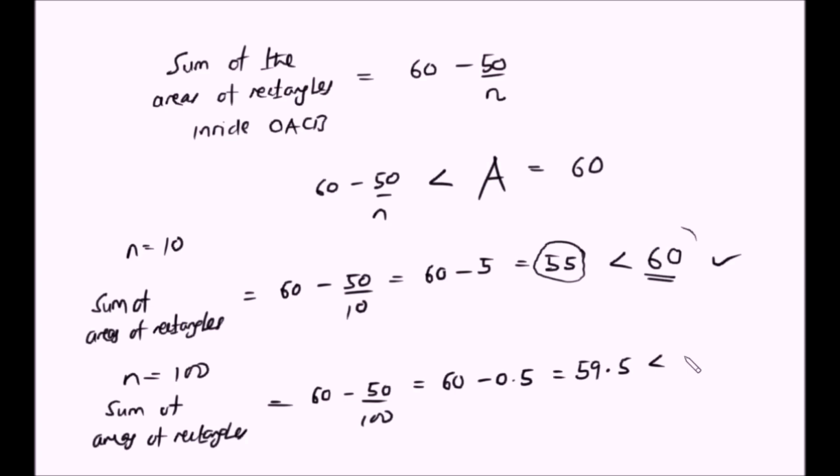Look now, it is not the same as the area of the trapezium OACB, but you can see there is closeness, okay? The difference is small. So as the number of rectangles increases, the sum of the areas of rectangles gets closer to the area of the trapezium.